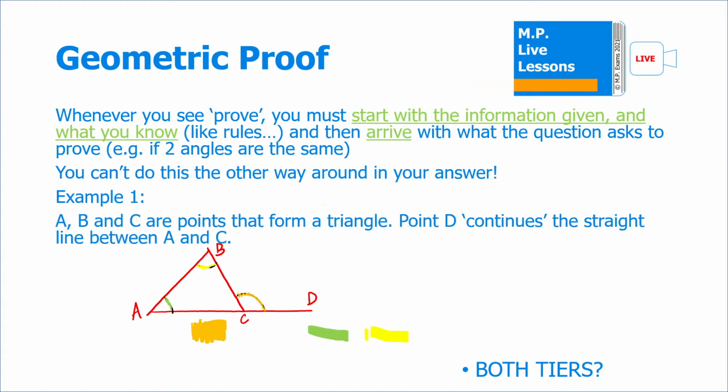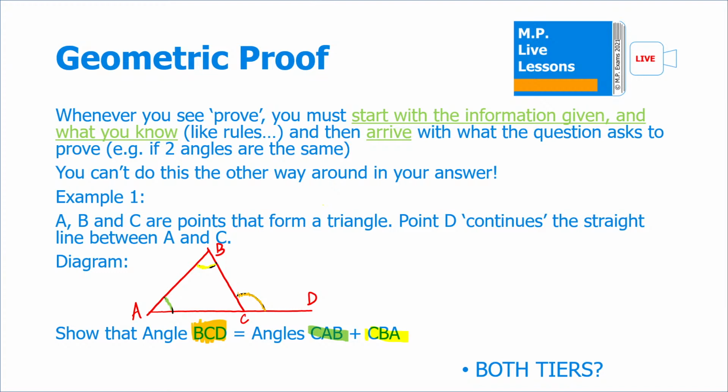So we've got A, B, and C, points that form a triangle, and point D continues the straight line between A and C. So here's the diagram already, and show that angle BCD, shaded in orange, is equal to angles CAB plus CBA.